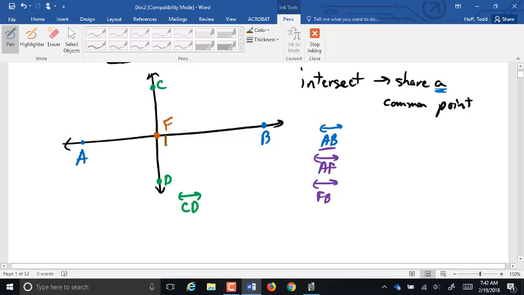Well, let's look at these and let's say that these two lines intersect to create one right angle or 90-degree angle. What do I know about all the other angles? They're all 90 degrees. They're all right angles. That is what we refer to as perpendicular.